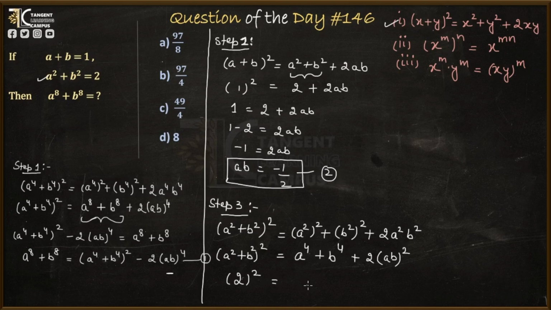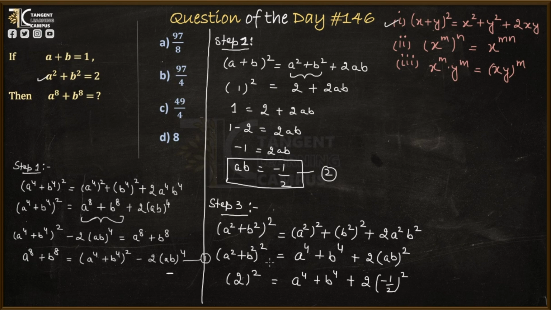Next, A⁴ + B⁴ we can keep as it is since we don't know the value, plus 2 times AB. We have the value of AB as minus 1 by 2, so we can put the value here, (−1/2) whole square.